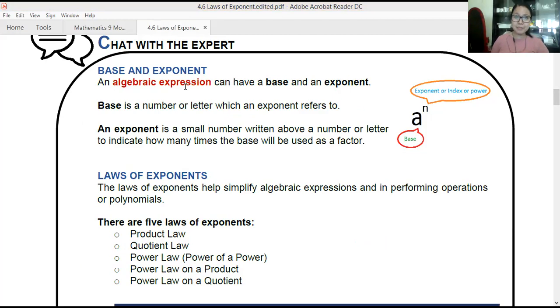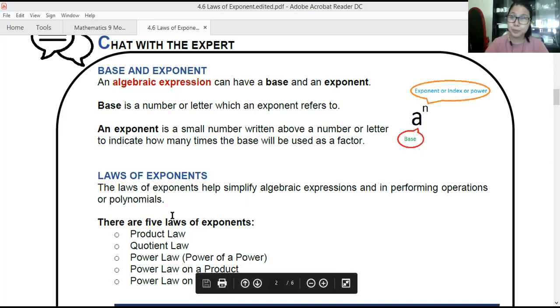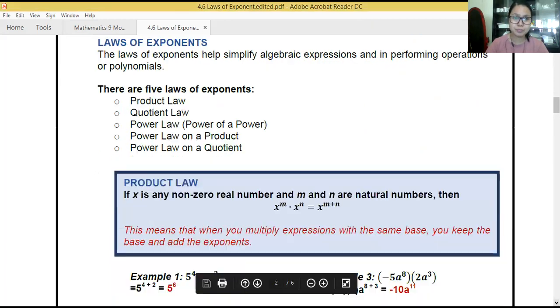Remember, here we have the base and the exponent. A is called the base, while n is called the exponent. We have 5 laws to learn today. The first is the product law, then the quotient law, the power law on products, and the power law on quotients. Let's start with the first one.